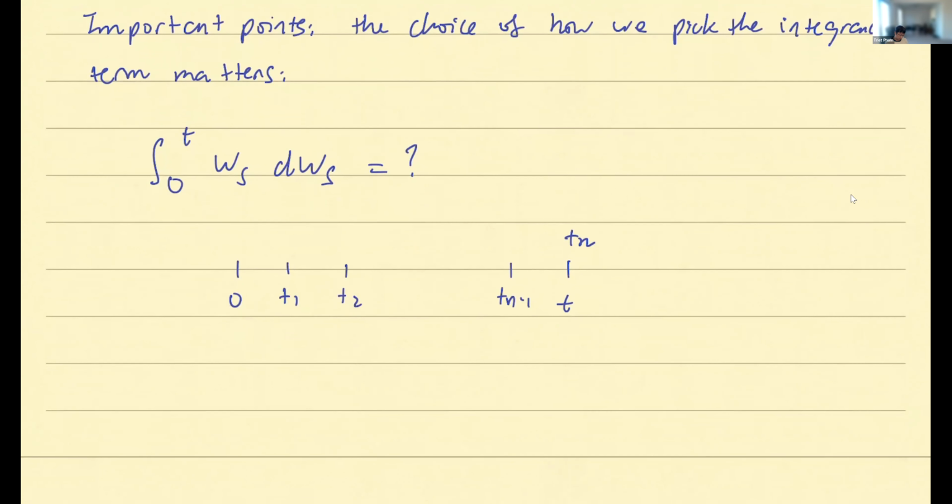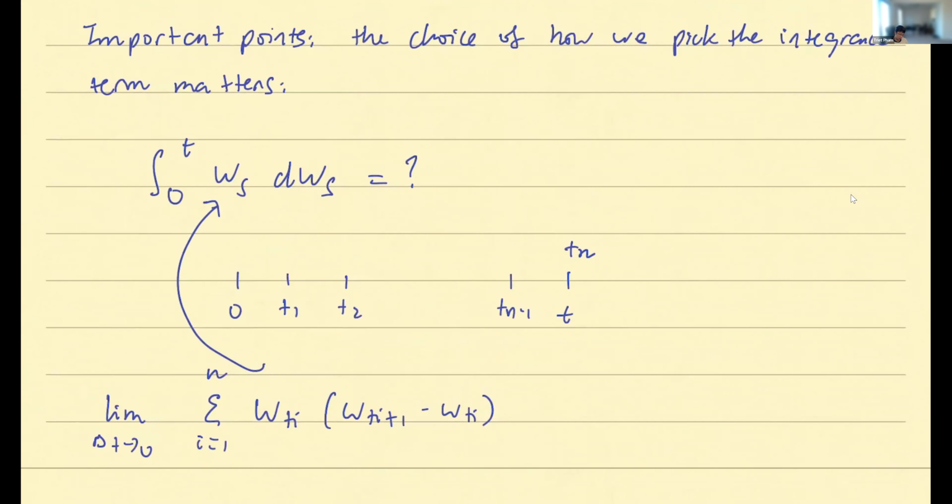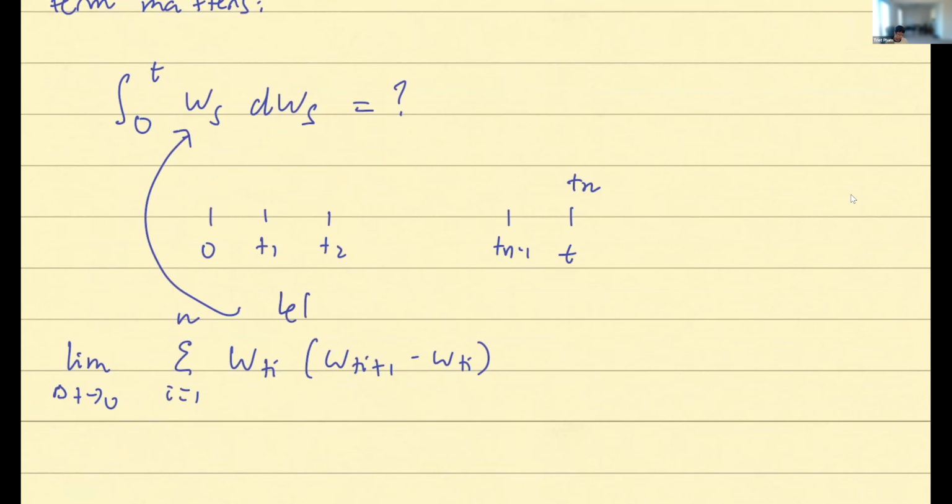Now we can form this sum, W(t_{i+1}) minus W(t_i), and take the limit. On the other hand, you might say, on this time interval, let's use W(t_1), which is right here. That's what I mean by the integrand. So this basically means that you use the left-hand point.